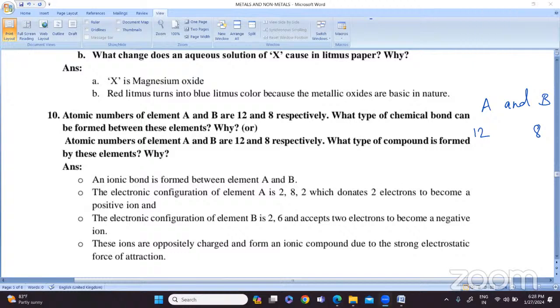Try to answer this. So what we are doing, there are two metals A and B. The atomic numbers are given.